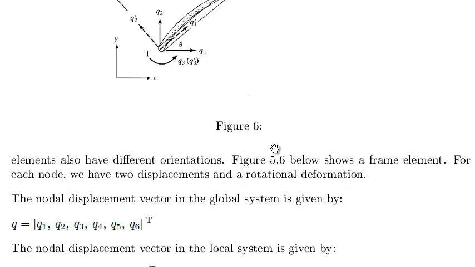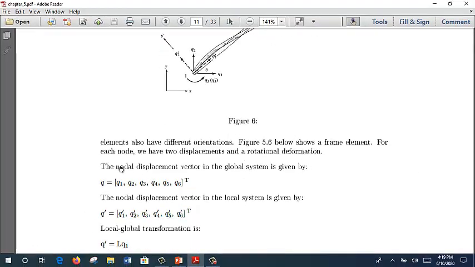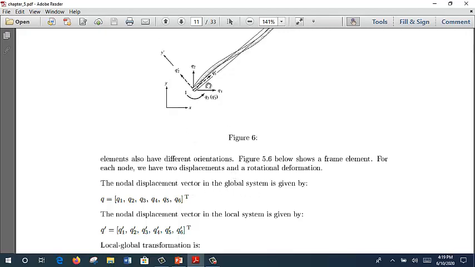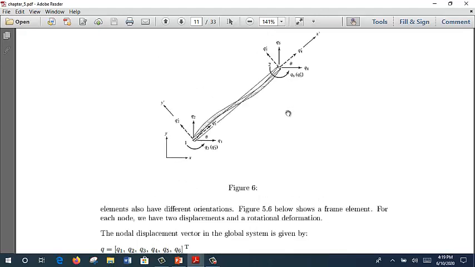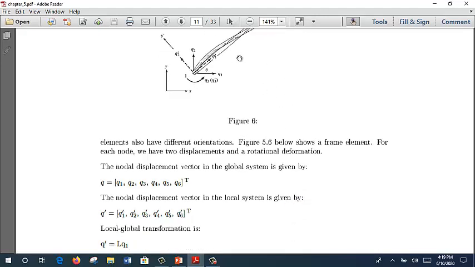So for every node you need to consider 3 degrees of freedom: Q1, Q2 which are the displacements, and Q3 which represents the rotational deformation of the node. Okay, so from that, the nodal displacement vector in the global system is given by Q1, Q2, Q3, and then Q4, Q5, and Q6, for one element.